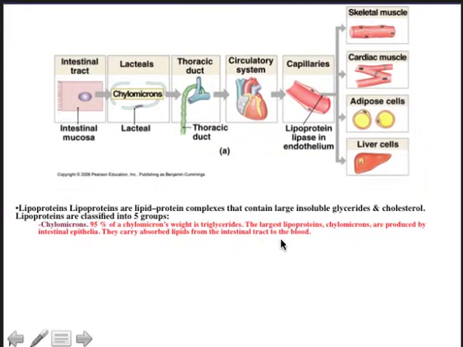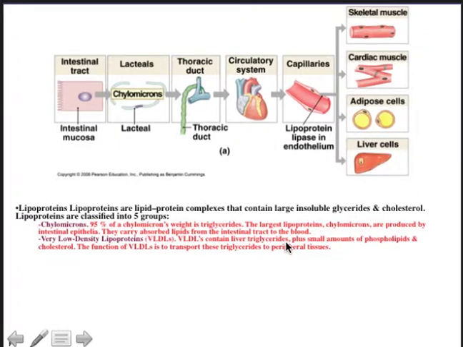The largest lipoproteins, chylomicrons, are produced by intestinal epithelia, and they carry absorbed lipids from the intestinal tract to the blood. Very low density lipoproteins, VLDLs, also called bad cholesterol, contain liver triglycerides and small amounts of phospholipids and cholesterol.